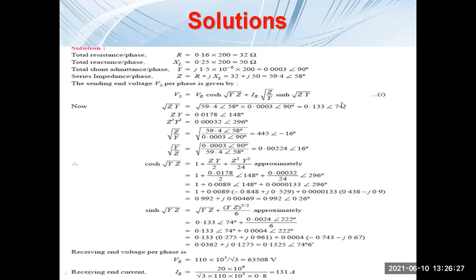When we square this one, the angle becomes double, because this value is multiplied by this value. When there is a multiplication of r theta, the angles get added. Let me clarify it.